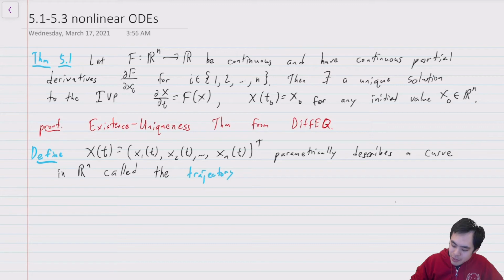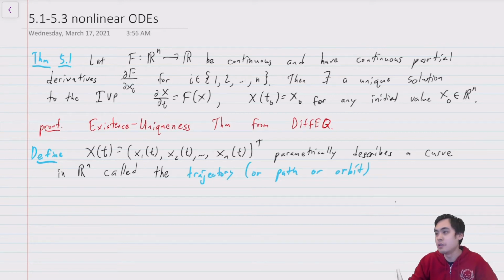Sometimes it's also called a path or an orbit, because you can think of something moving along in R^n described as a function of time. So this is the trajectory of the system.